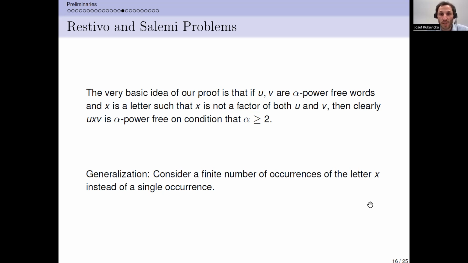This is, for example, the reason that my results hold only for the configuration with an alphabet which has more than three letters, or three letters, because if I have three letters and I reserve one letter for this special letter x, then there remain only two letters. And with two letters, I can construct infinite alpha power free words on condition that alpha is strictly bigger than 2.